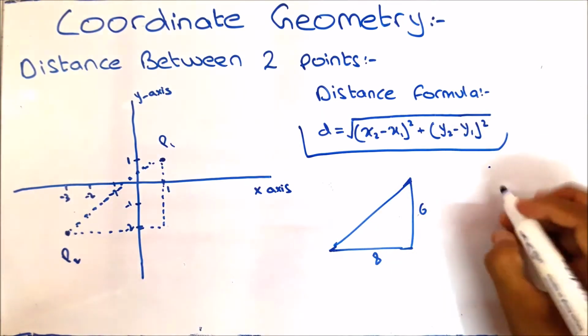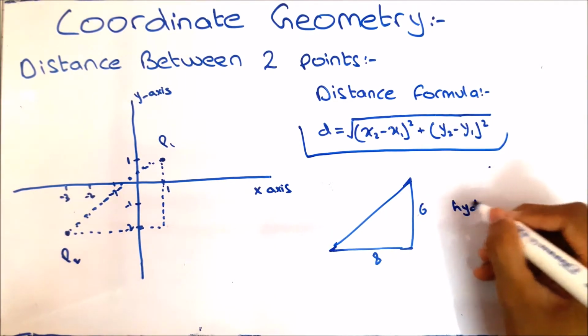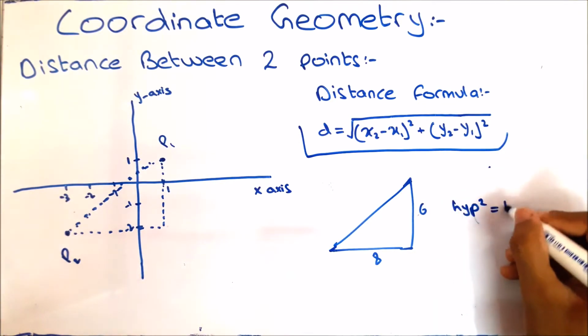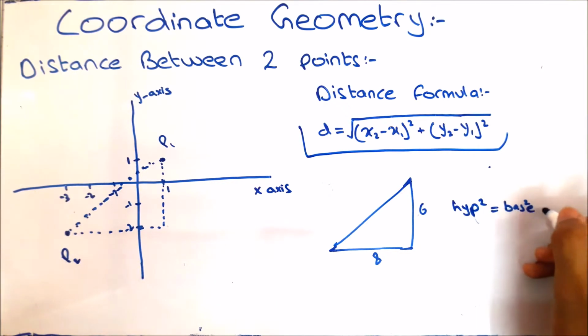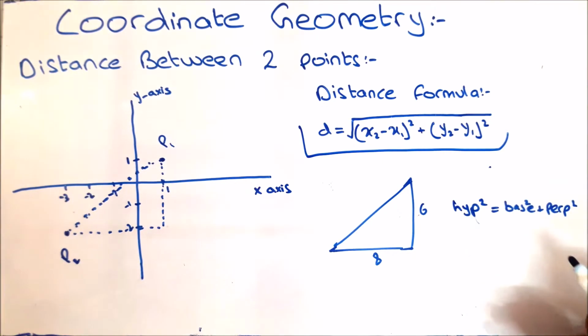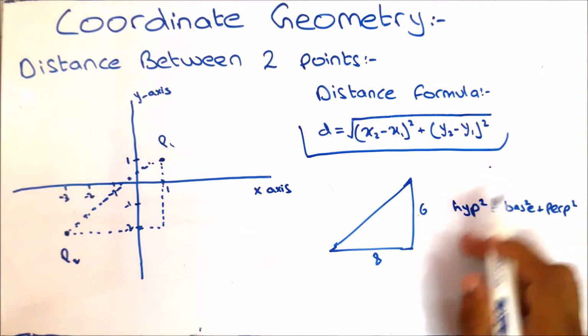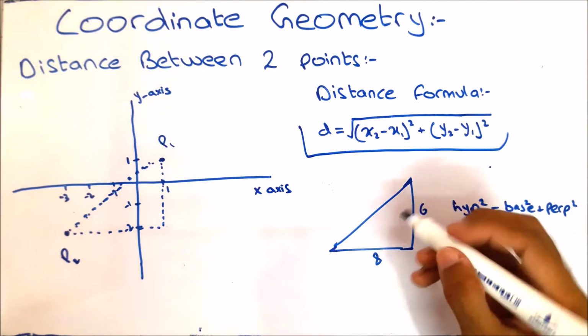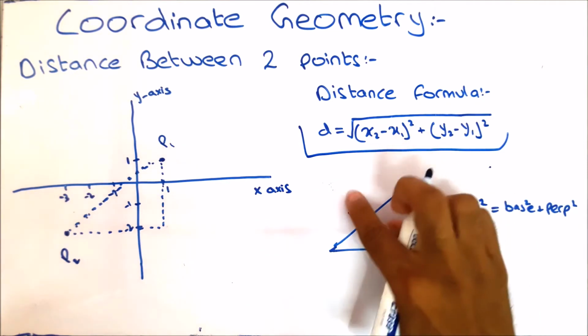Okay, what Pythagoras theorem says is hypotenuse squared is equal to base squared plus perpendicular squared. That's the Pythagoras formula. Okay, so that's the hypotenuse.